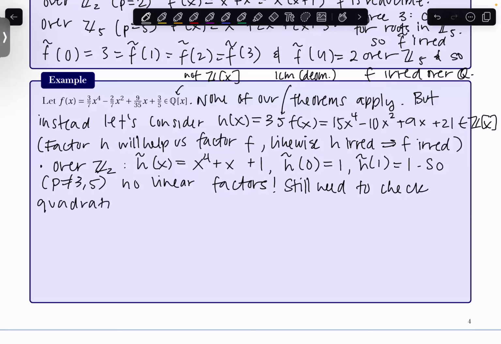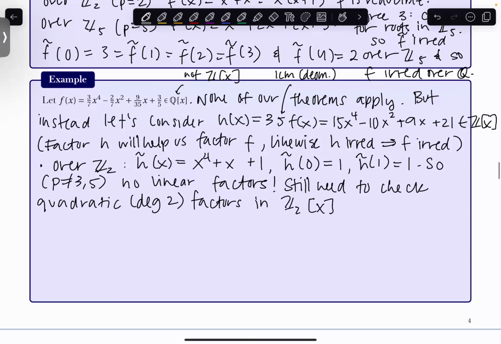Quadratic or degree 2 factors in Z2[x]. Okay, and this is actually what we studied last time. We looked at degree 2 and degree 3, actually only degree 2 irreducible polynomials in Z2 in particular. So we can just use the work that we did last time, or we can go through all of our degree 2 ones again and decide which ones are reducible or irreducible.